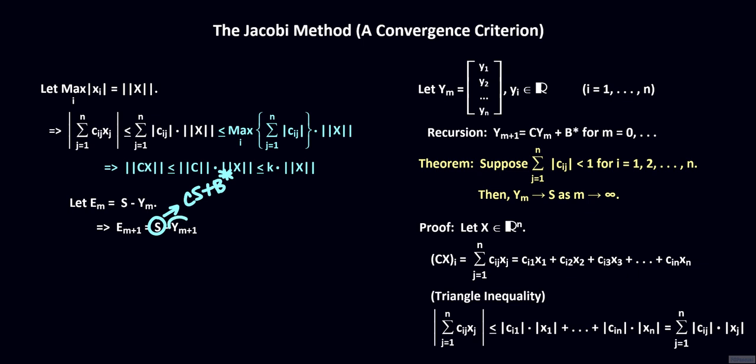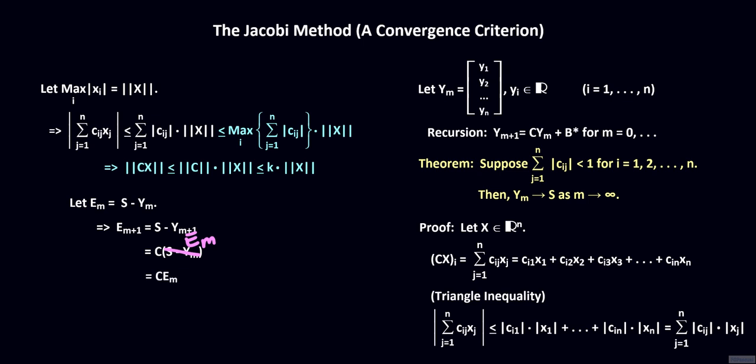From the recursion, Y sub m plus 1 equals C times Y sub m plus b star. B star cancels out, so that E sub m plus 1 equals C times S minus Y sub m. S minus Y sub m is E sub m, so that E sub m plus 1 is C times E sub m.